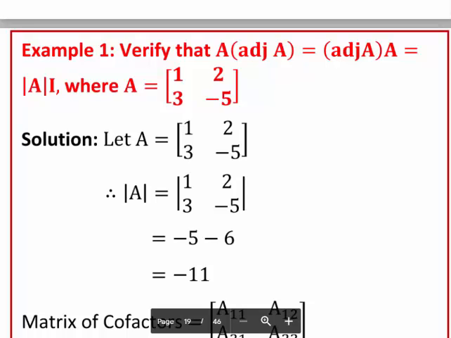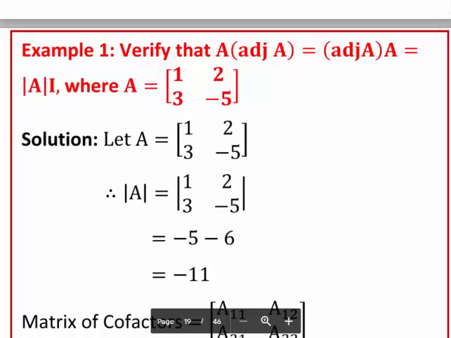This we have to verify for the 2 by 2 matrix we have been given. Though this is a 2 by 2 matrix, we do not have to do a lot of work. We can verify for 3 by 3, 4 by 4, n by n also. But here we have to discuss only the 2 by 2 matrix.